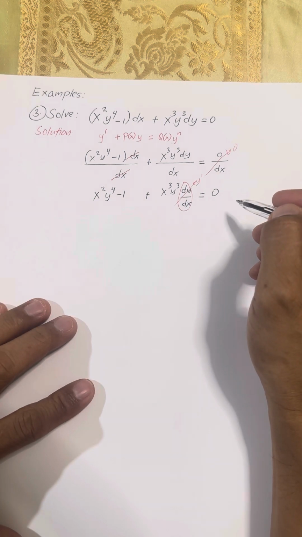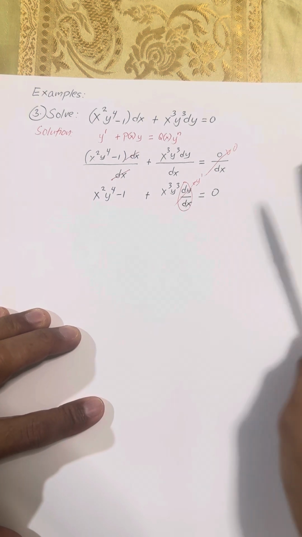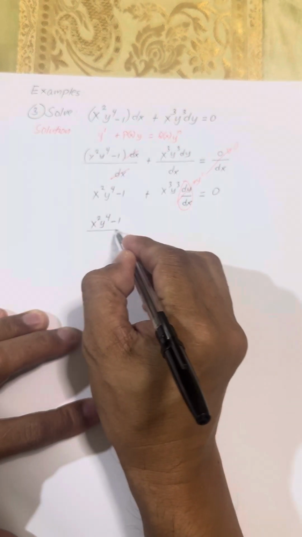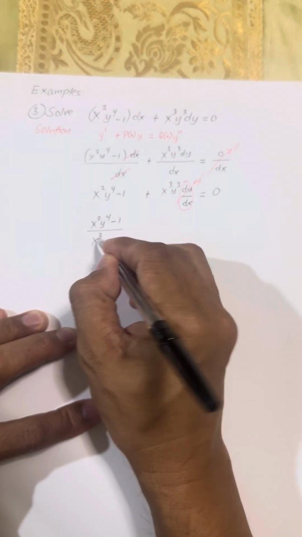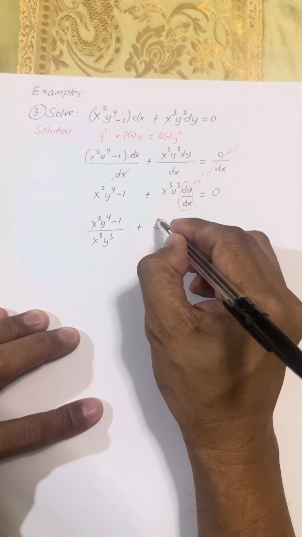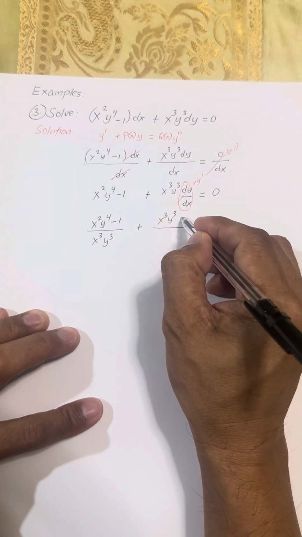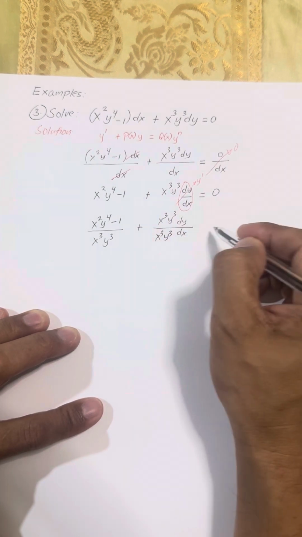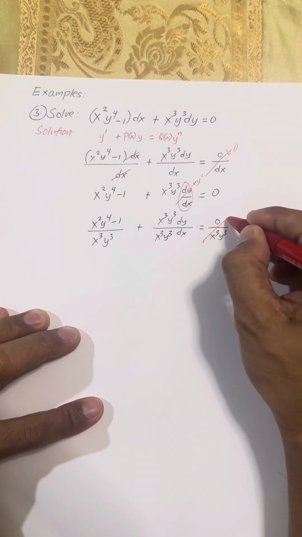Now, if we divide both sides by the coefficient of y prime, which is x cubed y cubed, what will happen? We have x squared y to the fourth minus 1, divided by x cubed y cubed, plus x cubed y cubed dy over dx, divided by x cubed y cubed, equal to 0 divided by x cubed y cubed. So again, the right side is still equal to 0.